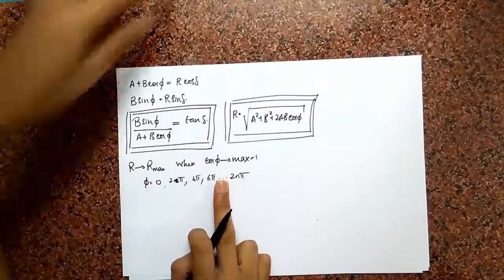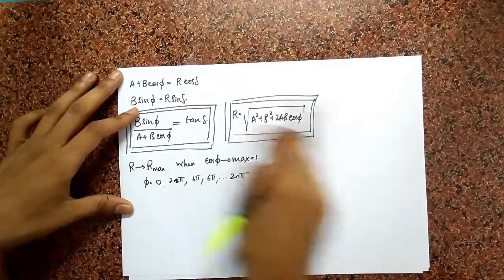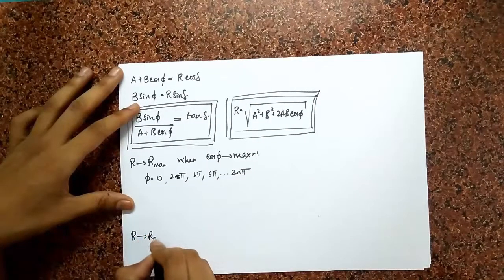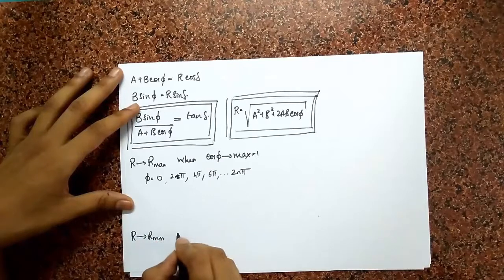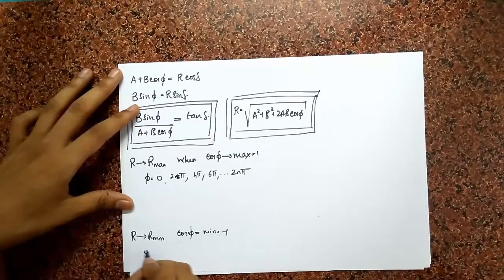And now, if I ask you when is this number minimum, that is when r goes to r minimum, and that is when cos phi is minimum. And what is the value of cos phi? Please don't say 0, it's minus 1. And when do we get a minus 1?